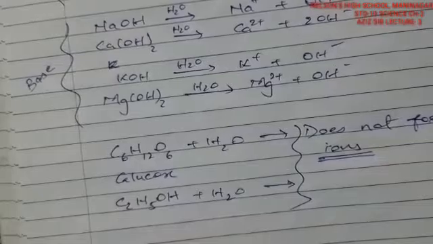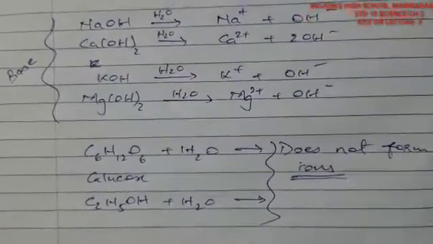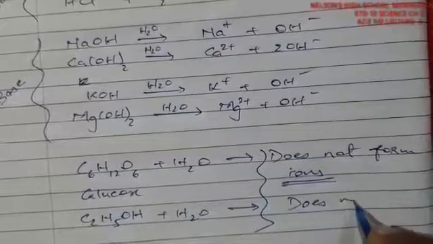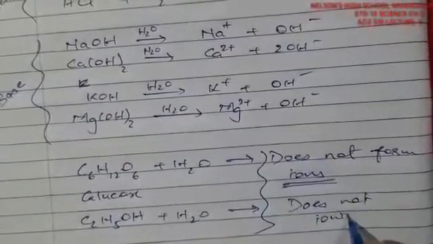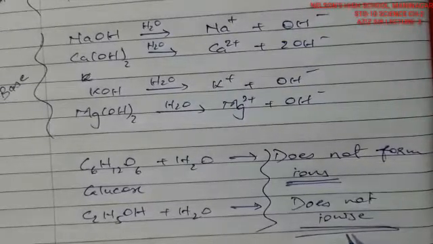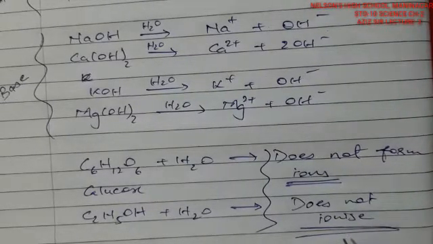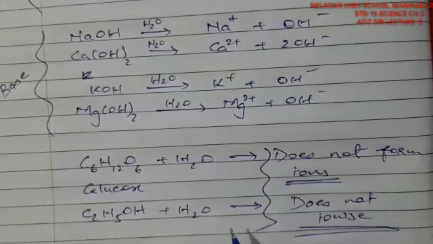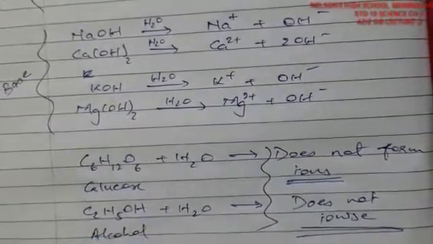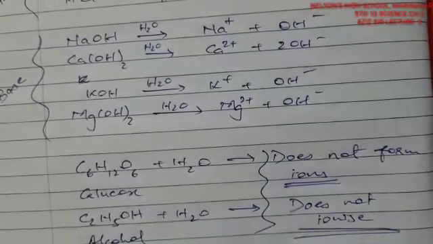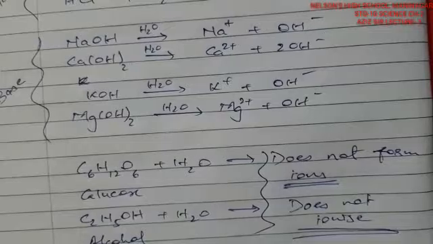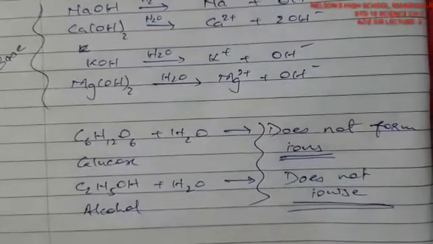We will take the same answer for both. Does not form ions means does not ionize. Because it does not form any positive or negative ions, it is not capable of passing electric current. So you need to write down that alcohol and glucose do not pass electric current because they do not ionize and do not form positive and negative ions.